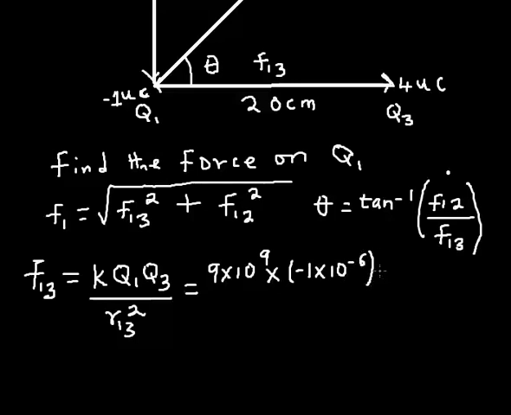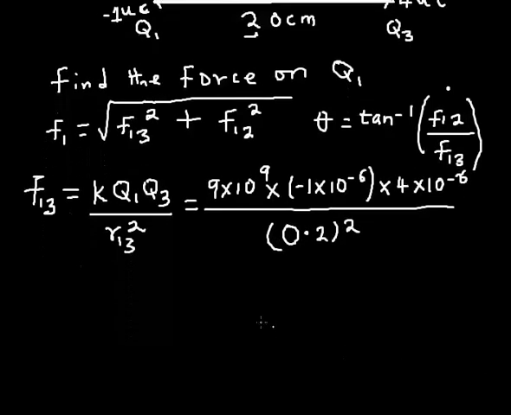Then multiply by Q3, 4 times 10 raised to the power of minus 6. When you divide that, you have to divide by the distance. That's going to be 0.2 square.